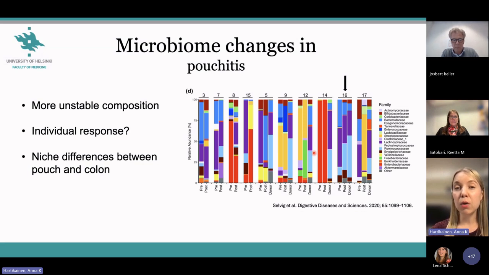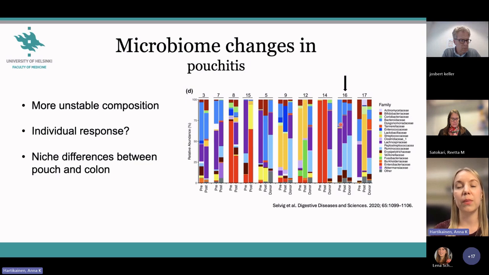So all in all, patients with chronic pouchitis need to use a lot of antibiotics. They might use them recurrently or even continuously, so the microbiota is unstable anyway. And here, Selvik et al. showed that the response to the FMT is also very unstable, and the microbiota change is not that high in this patient group.